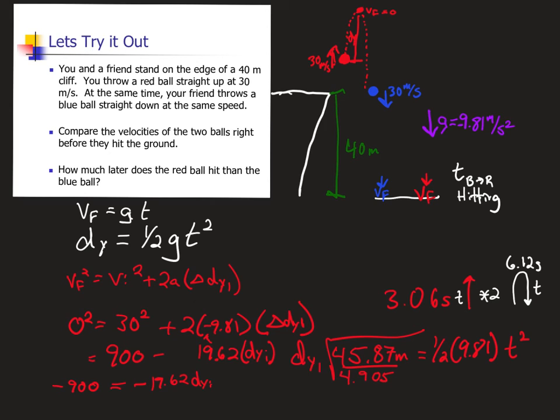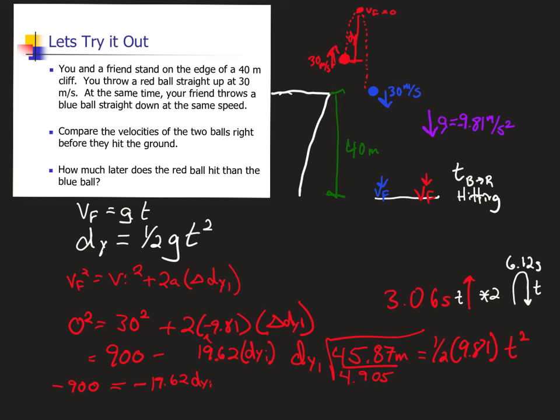Now, because we have an initial velocity going down, it should come as no surprise that the velocities are not going to matter as much as we may have initially thought, because we're not asking for that total. We do eventually need to find the total time.